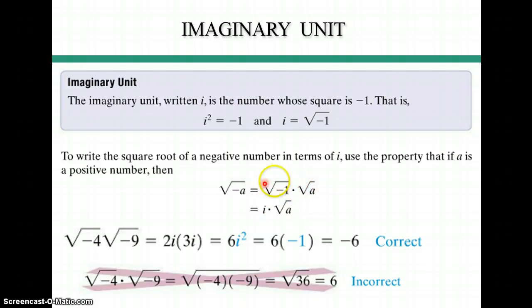The square root of negative 1 is i, so i times the square root of a. The square root of negative a equals i times the square root of a.